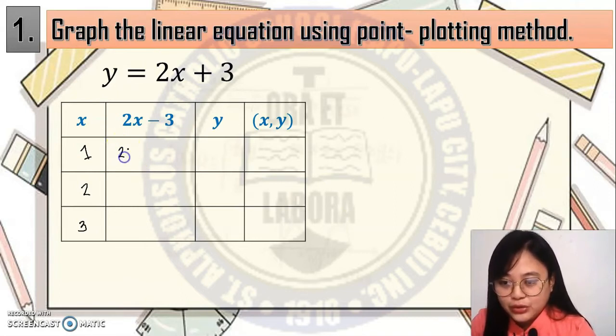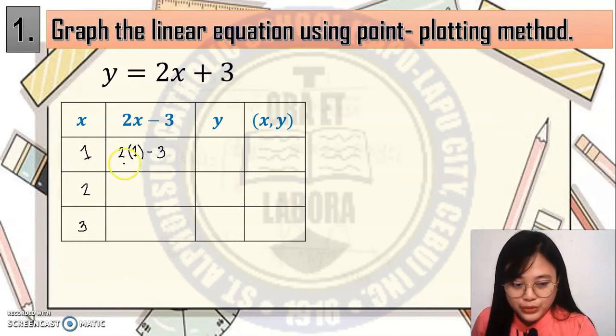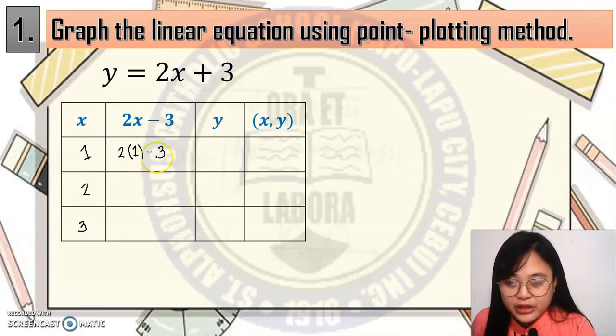So 2 times, change the value of x to 1 since you have chosen 1, plus 3. So 2 times 1 is 2, plus 3, the answer is 5. Your ordered pair here, class, is 1 since you have chosen 1, and our solved value for y.